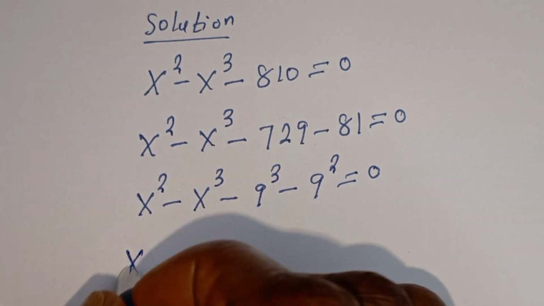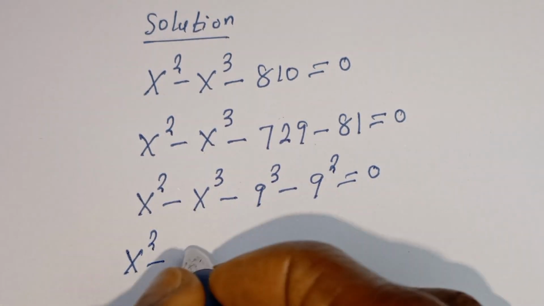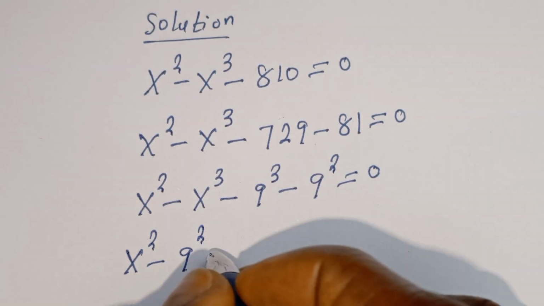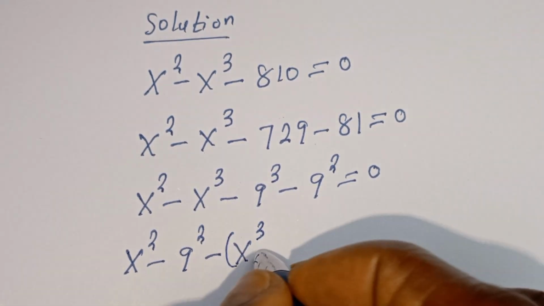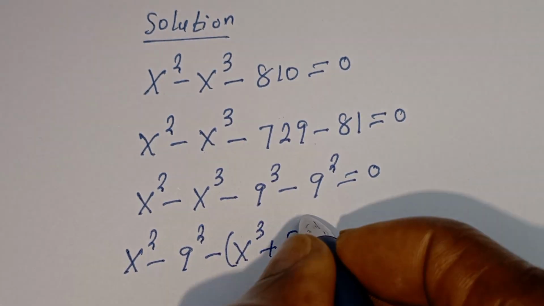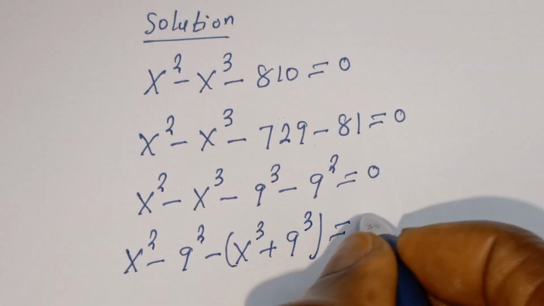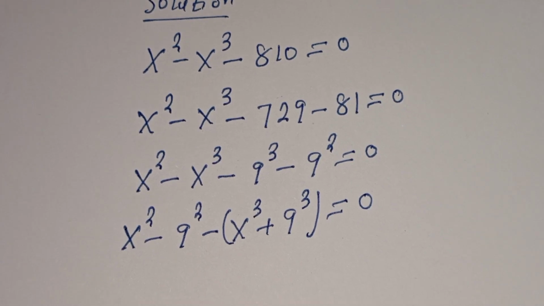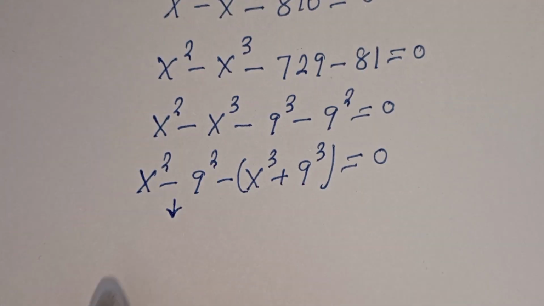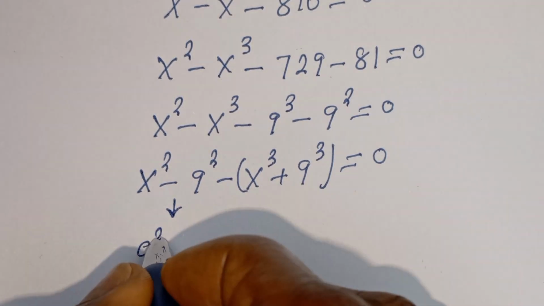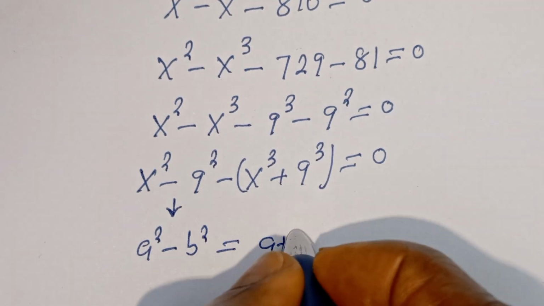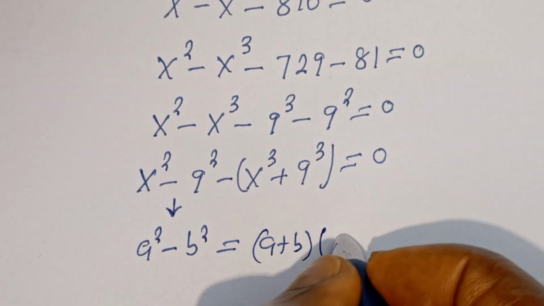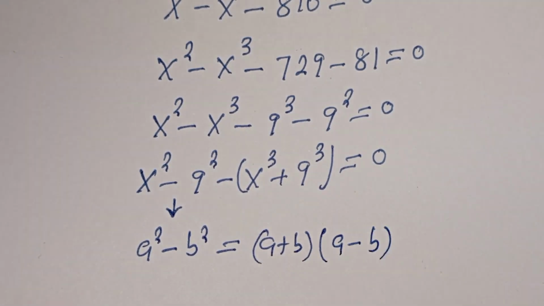We have s squared minus 9 squared minus s to the power of 3 plus this 9 to the power of 3 is equal to 0. Then from here, if you have a squared minus b squared, this is equal to a plus b bracket a minus b.